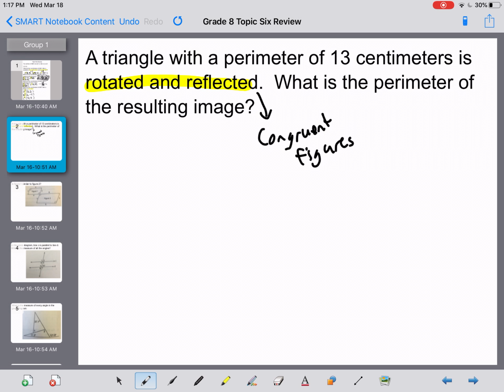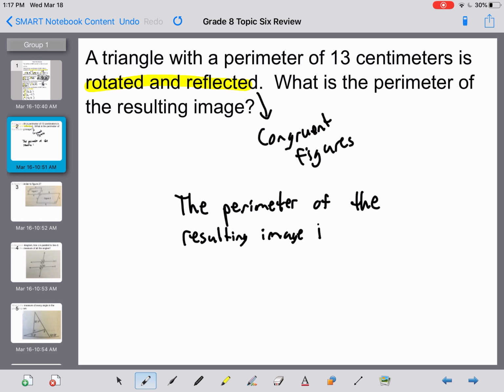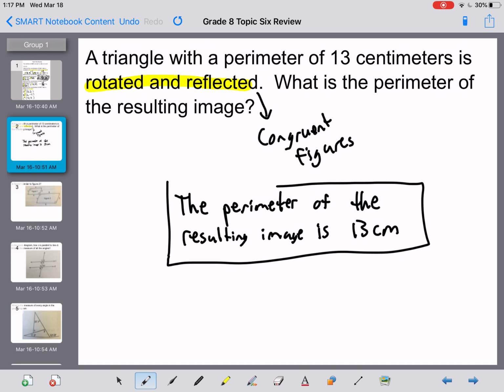So since the perimeter was 13 centimeters, the perimeter of the resulting image is just 13 centimeters. The perimeter stays exactly the same as the original image.